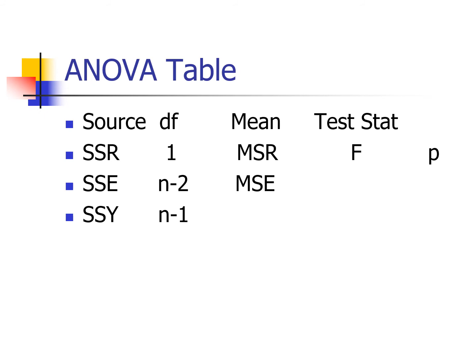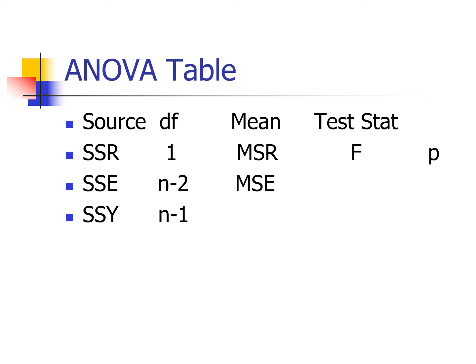Each of these pieces has its degrees of freedom. We talked about that. The degree of freedom for SSR was 1. The degree of freedom for the SSE was n-2. And the degrees of freedom for SSY are n-1. If you do SSR divided by its degree of freedom, you get the MSR.